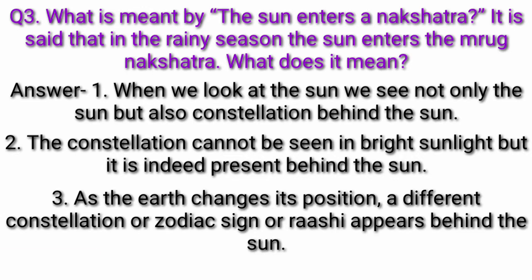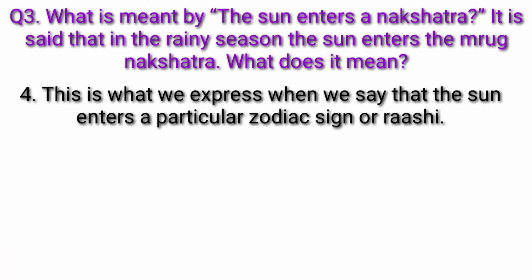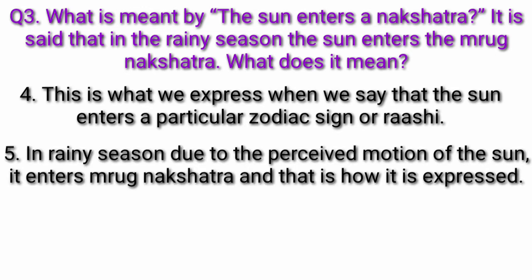As the earth changes its position, a different constellation or zodiac sign or rashi appears behind the sun. This is what we express when we say that the sun enters a particular zodiac sign or rashi. In the rainy season, due to the perceived motion of the sun, it enters Mrug nakshatra, and that is how it is expressed.